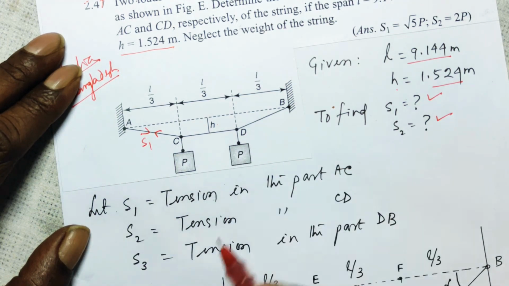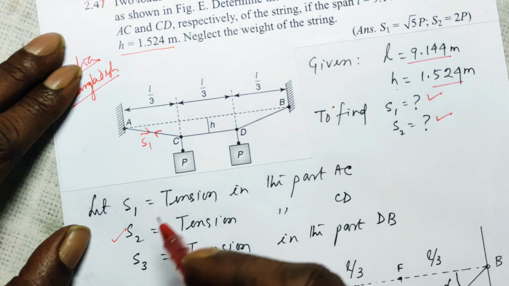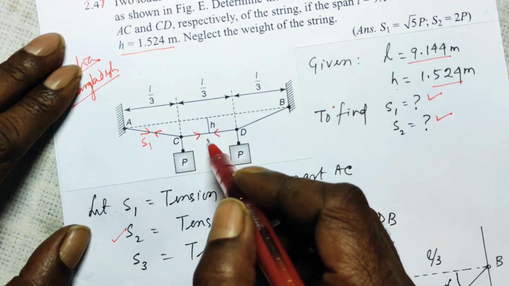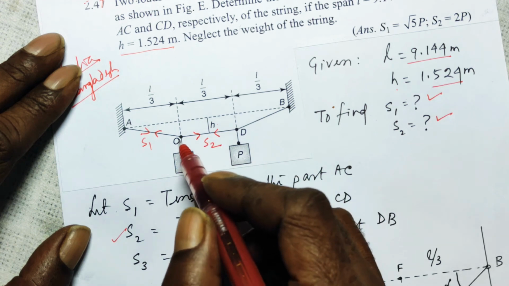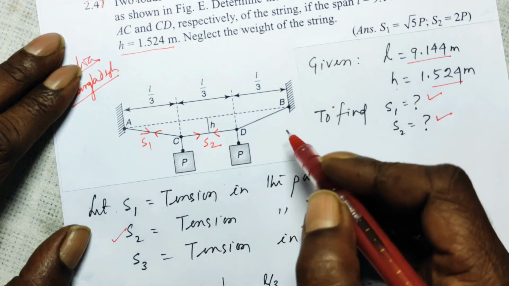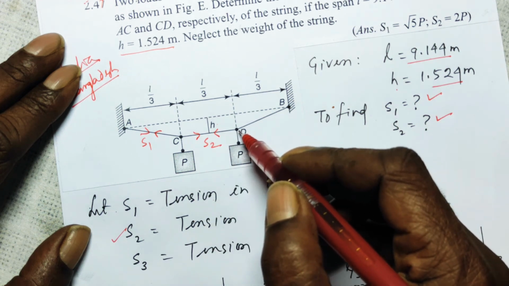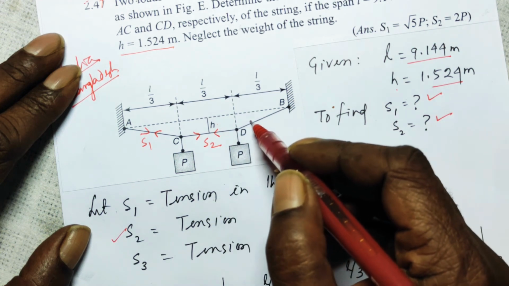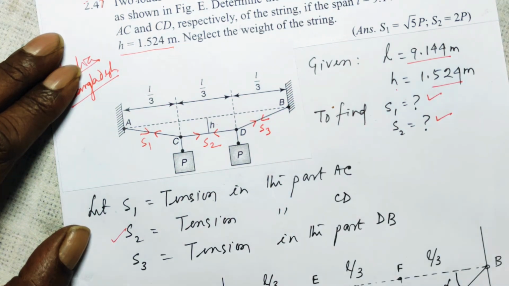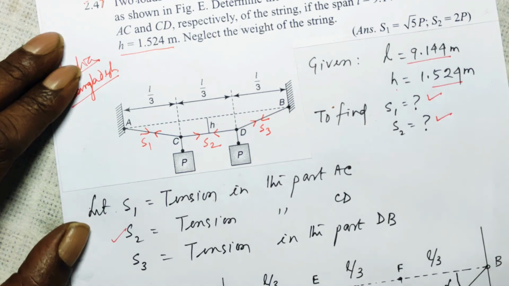Similarly, in the part CD, let S2 be the force of tension, S2, right? For the point C, it is away from the point C. For the point D, it is away from the point D. And there will be some tension in the part DB also. Let it be S3, right? Which we are not required to find, but you can find it if you still like.